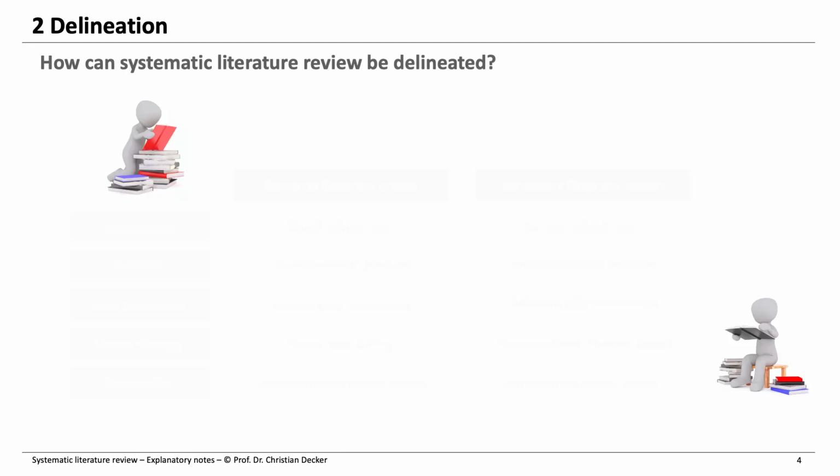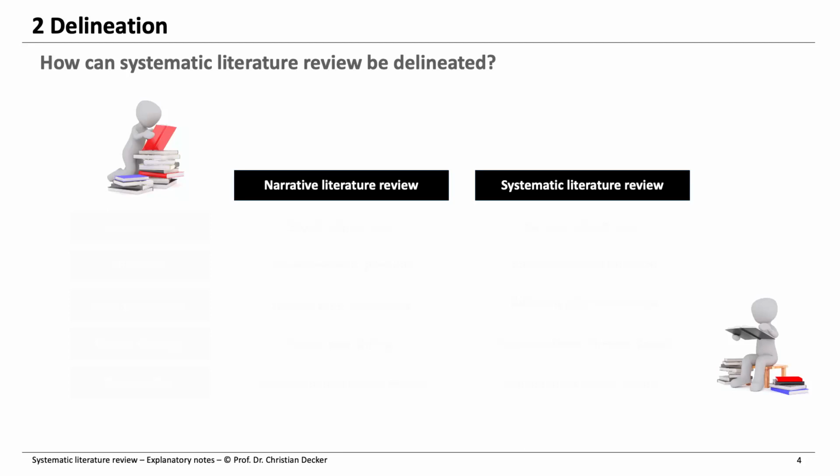How can systematic literature review be delineated? Literature reviews typically occur in the form of narrative literature reviews. Systematic literature reviews must be distinguished from these. Systematic literature review can be differentiated from narrative literature review by a range of characteristics. Subject area.